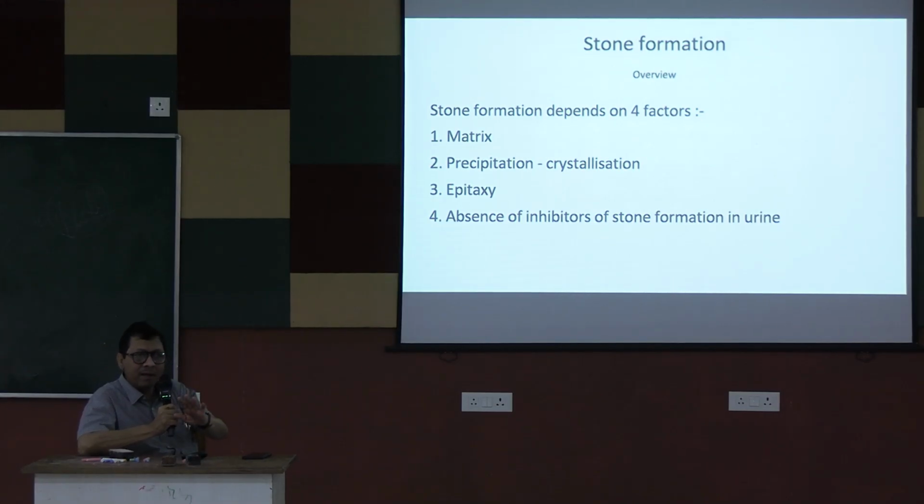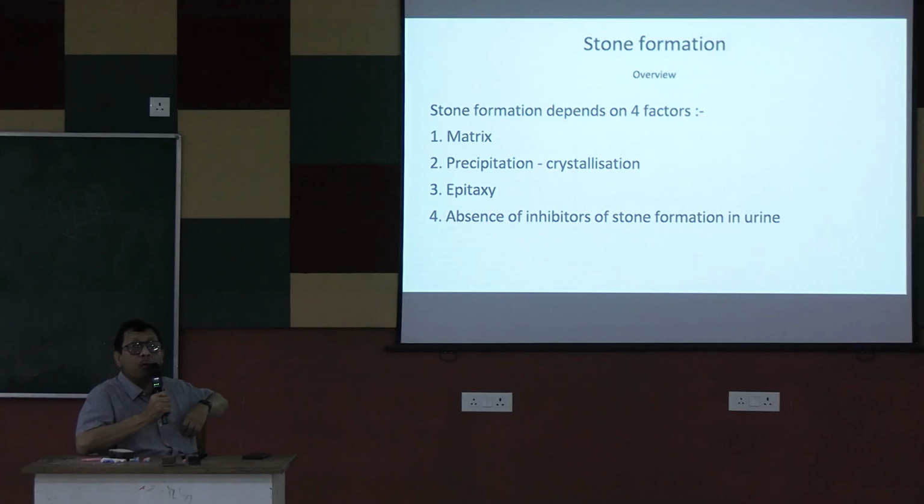Understand what I said? The matrix is a mucoprotein which normally helps in the formation of the stone, but surprisingly, in those who are not stone formers, it helps in prevention of stone formation. The exact mechanism is not known, but it is found that the matrix has a dual role.